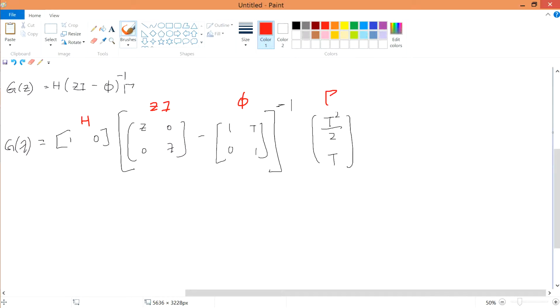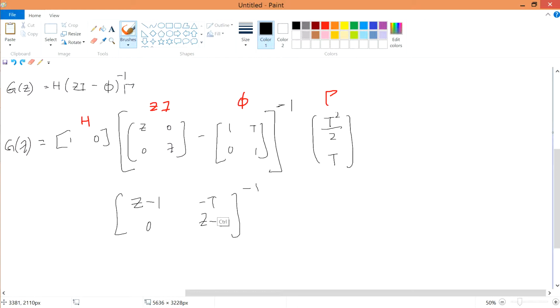Next, I'll first evaluate this thing. What I would have is Z minus 1, you have Z minus 1. Then 0 minus T is minus T. 0 minus 0 is just 0. Z minus 1 is over here. So I would have the inverse.